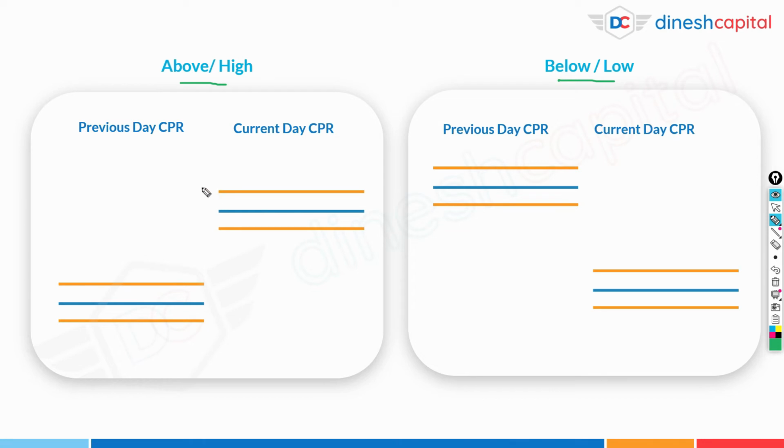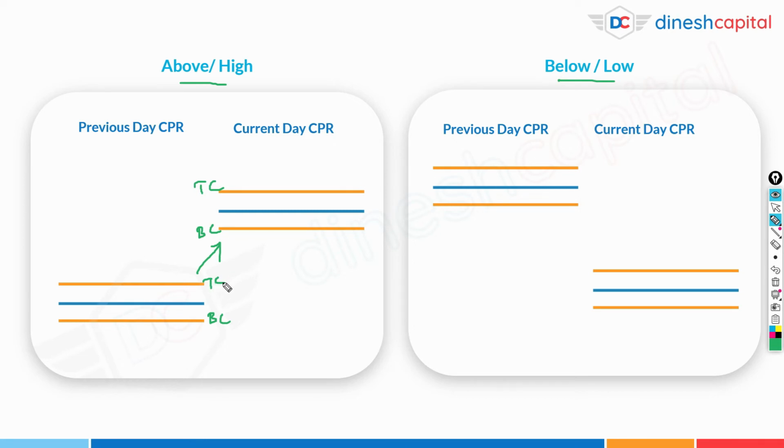As you see, this is the top central pivot and this is the bottom central pivot. The same applies to all these central pivot ranges. So in this above situation, the current day CPR is above the previous day CPR, which means the current day bottom central pivot is higher than the previous day top central pivot.